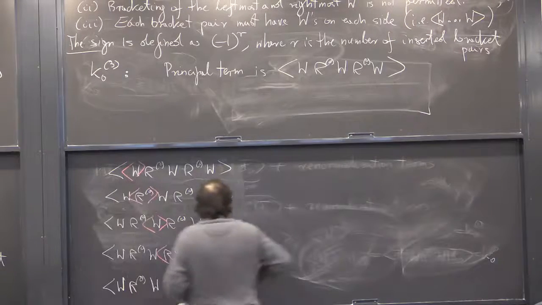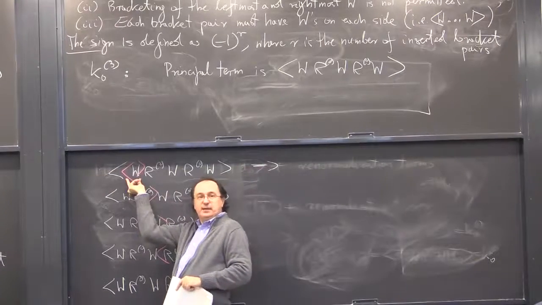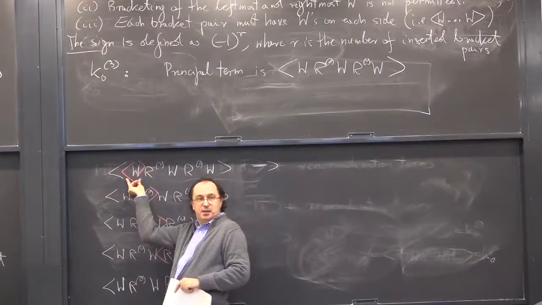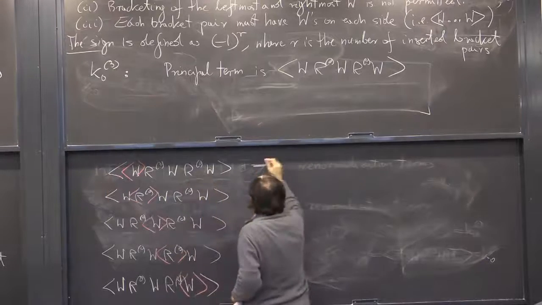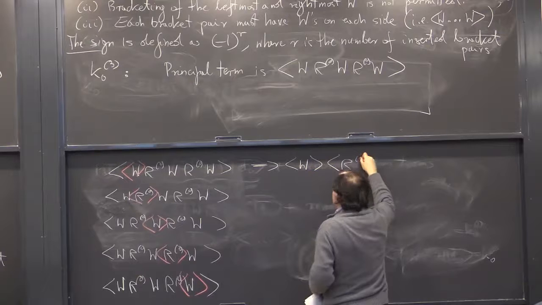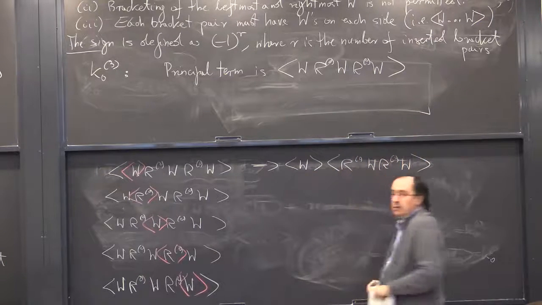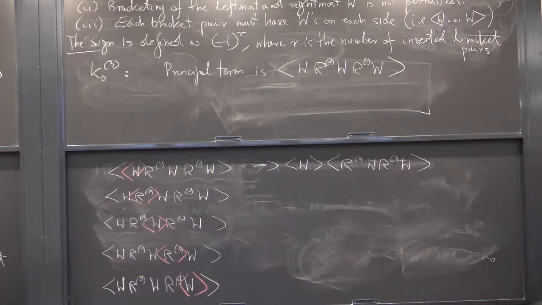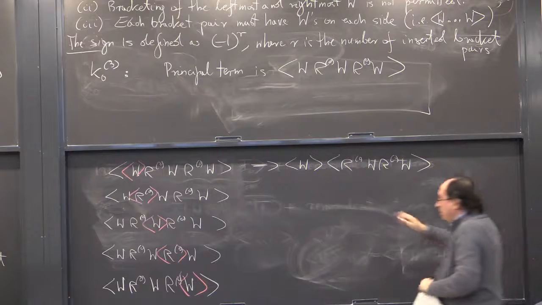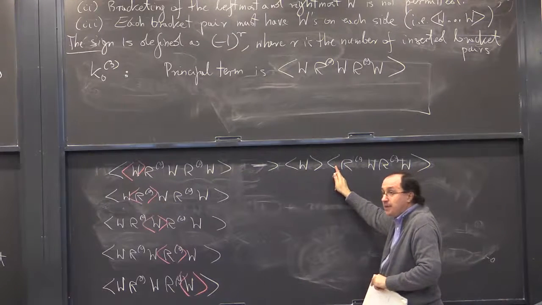Let's try to read this. What is the first term? We know that this bracket means expectation value, so it's a number. So you can take it out, and you end up with W times R0, W, R0, W. You see, that expression makes no sense. Remember the meaning of the bracket: there is phi 0 here, which we are not writing.